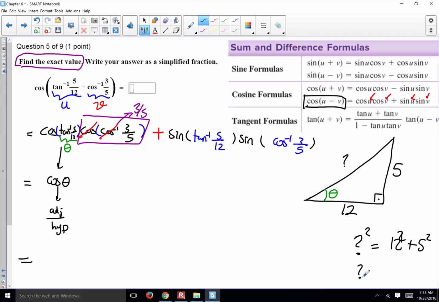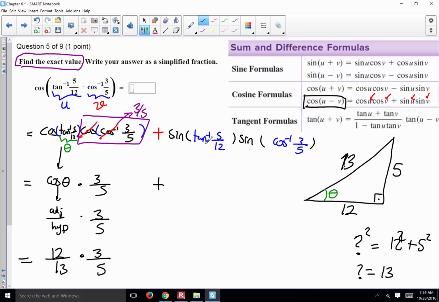I believe you're going to get this hypotenuse as 13, because this is 144, add 25 more, 169, take the square root of 169, this side is 13. So cosine theta is 12 over 13. Alright, you have 3/5 everywhere, so that will be multiplied by 3/5.